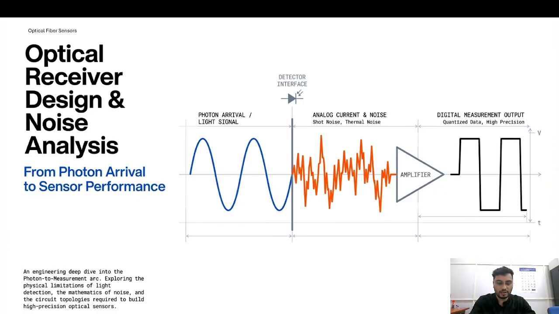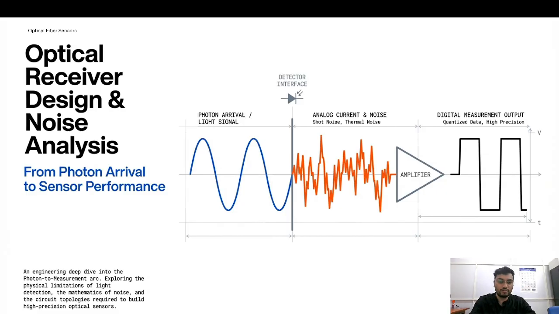So for the engineering of this detector system, we need to understand what is involved in the optical receiver system, where the photodetector has many issues like noise and gain, then bandwidth, speed, and accuracy.